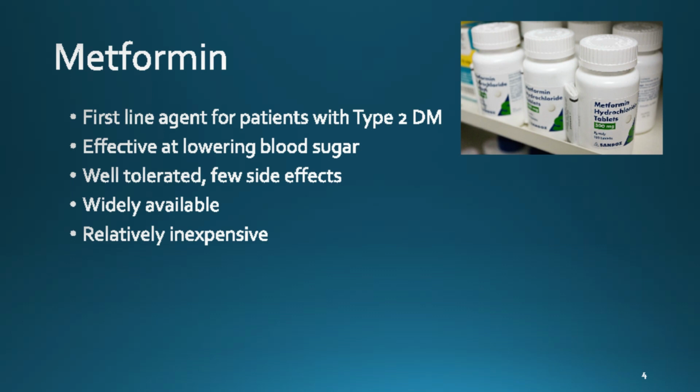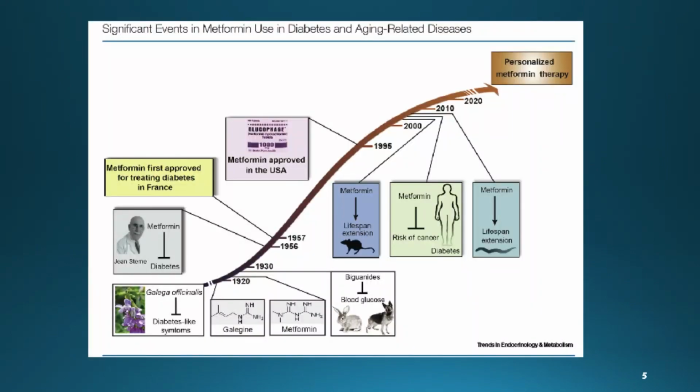If you look at the history of metformin, it was discovered back in the early 1900s, and it first got approved for treatment for diabetes in France in the 1950s, and then it took about 50 years before it got approved for use in the United States.